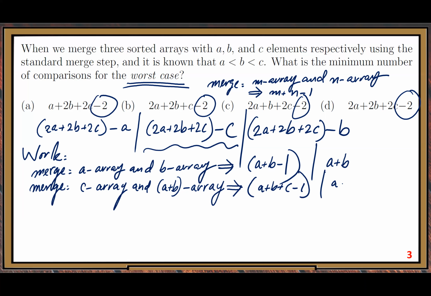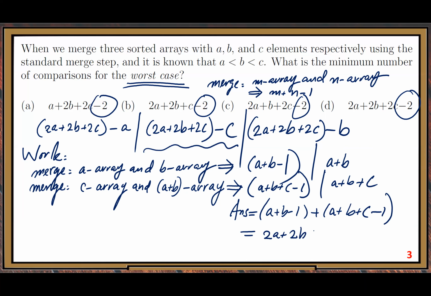Number of elements, A plus B plus C. Then, the answer for this case, A plus B minus 1 plus A plus B plus C minus 1, equals 2A plus 2B plus 1C minus 2.